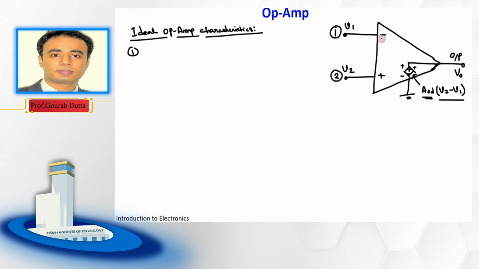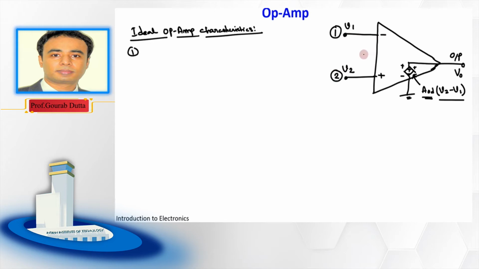As you can see inside, we have just shown it up to this, so nothing is there between terminal 1 and terminal 2. So you can consider it an open circuit. That way, the input resistance between terminal 1 and terminal 2, that is between the non-inverting and inverting terminal, is actually infinite.